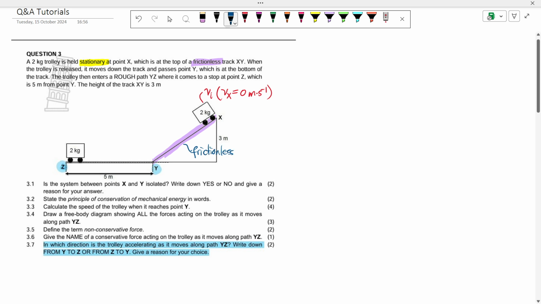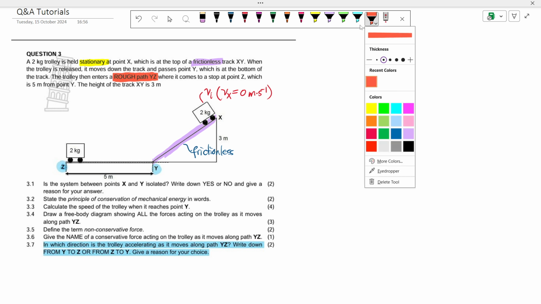Okay. Then when the trolley is released, it moves down the track and passes point Y, which is at the bottom of the track. The trolley then enters a rough path YZ. So that's also important. What do they mean when they say the path YZ is rough? What are they trying to tell you there?